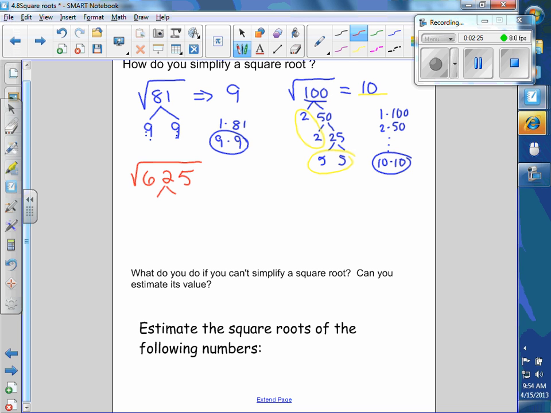Sometimes the quickest way is just to establish a factor tree and not list all the factor pairs, because listing factor pairs, when the number is big, can be time consuming. So use a factor tree. 25 goes into 600. Well, how many times does 25 go into 100? So how many times does it go into 600? 24, right? So how many times does it go into 625? Okay, so that's one method.